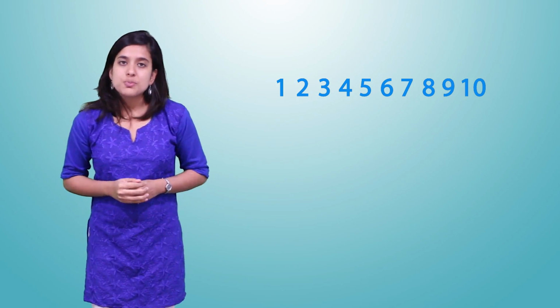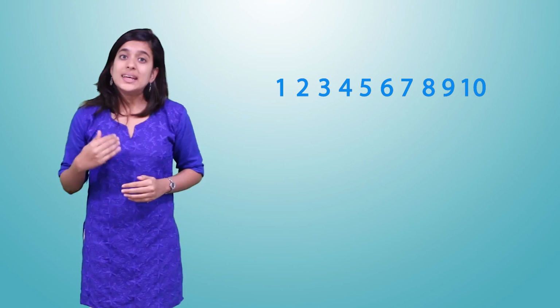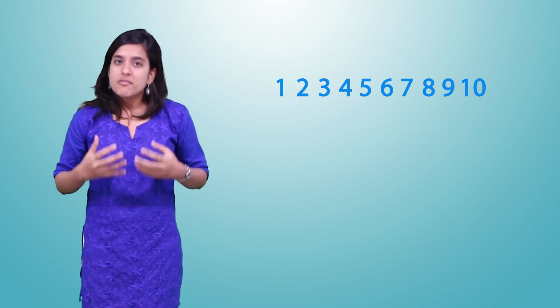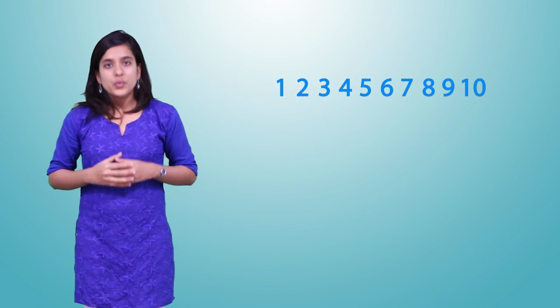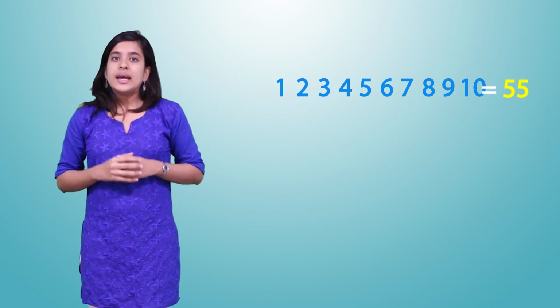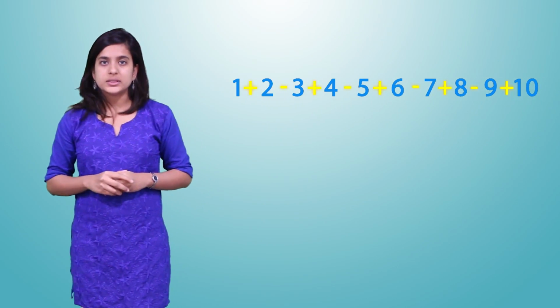The answer to this problem is that doing this is not possible. But the even more interesting part is, why is this not possible? Why can't we make a 0? Note that the sum of all our numbers is 55. Now let's put plus and minus signs between these numbers.